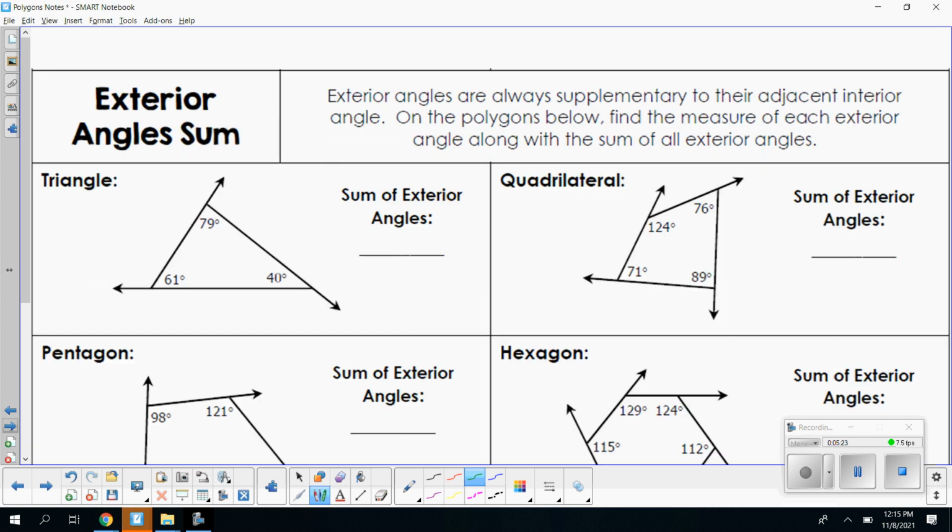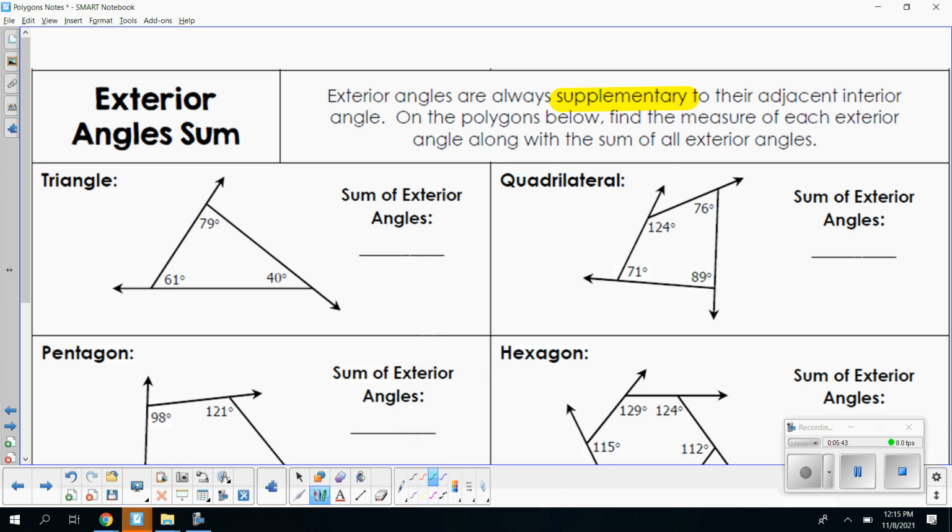Exterior angle sums. The exterior angles are always supplementary. Supplementary, if you remember, means that they add up to 180 degrees with their adjacent interior angles. On the polygons below, find the measure of each exterior angle along with the sum of all the exterior angles.